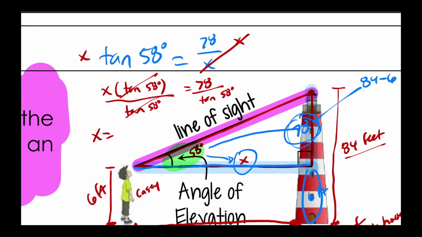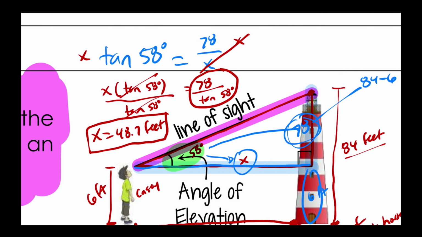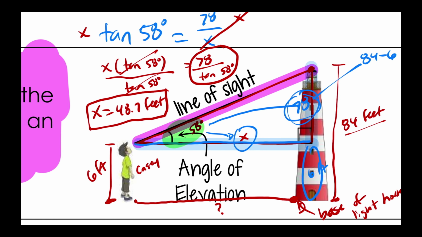So x equals, let's punch that into our calculator. 78 divided by the tangent of 58 equals 48.7 feet. So Casey is 48.7 feet away from that lighthouse.